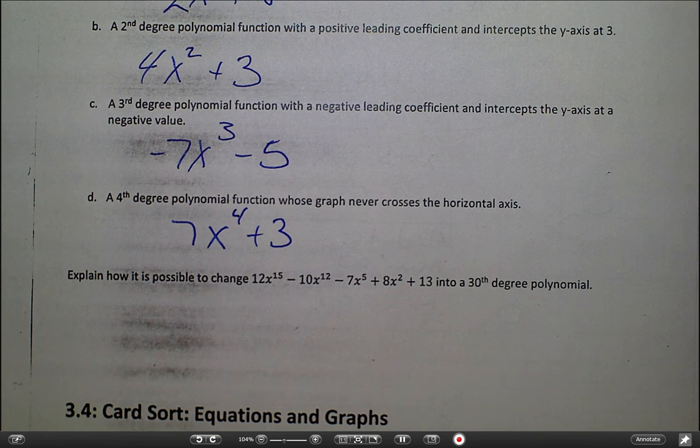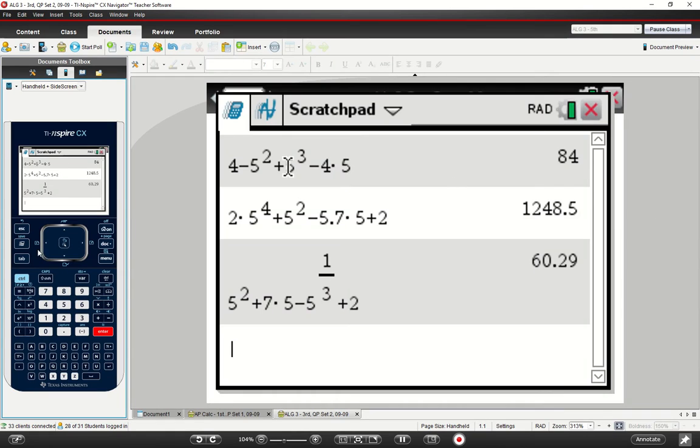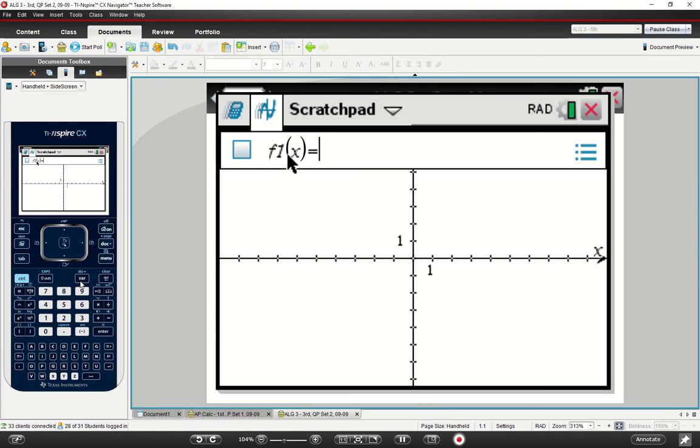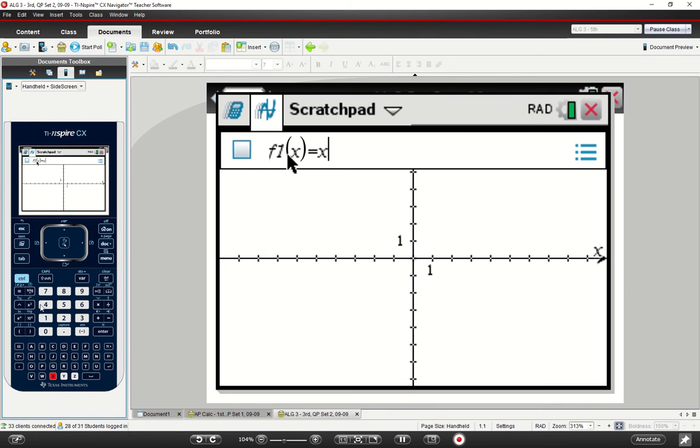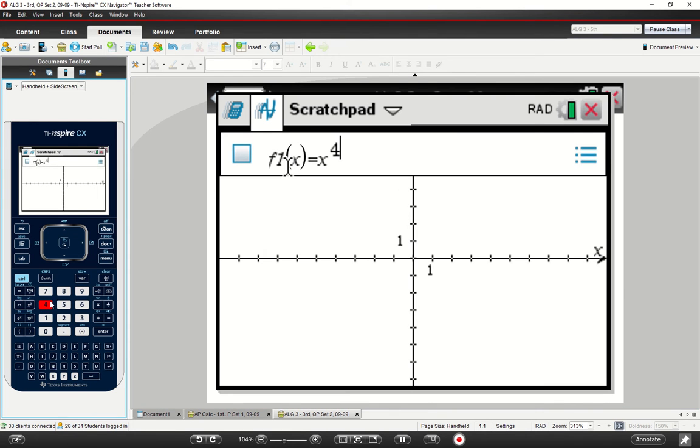So I'm going to show you guys a graph on this now, because this one is a little bit complicated. So if I go x to the fourth and add a number, you said plus 3.